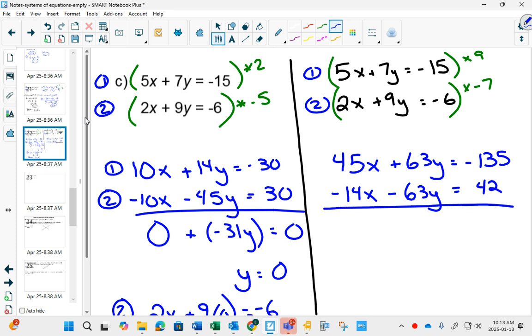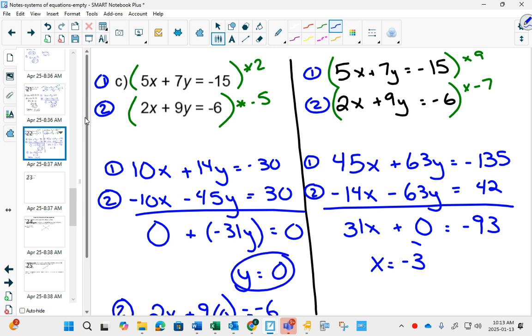And I add them together, and I'm going to get 31 x's plus 0, equals 93. And dividing both sides by 31 gives me x is equal to -3.